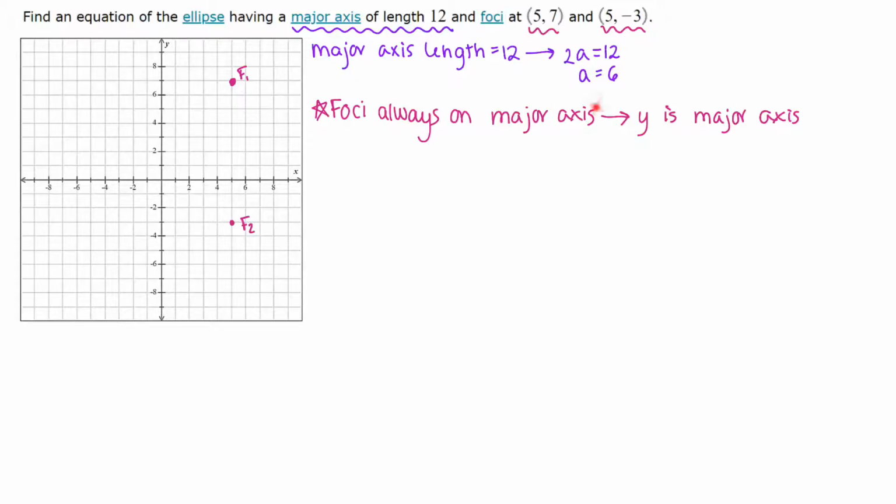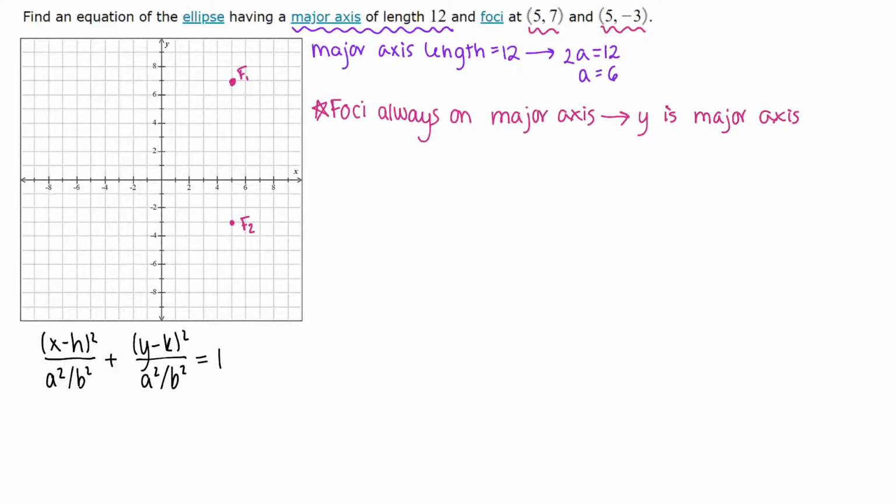We know what a is. Our formula is (x minus h) quantity squared over either a squared or b squared, plus (y minus k) quantity squared over a squared or b squared, equal to 1.